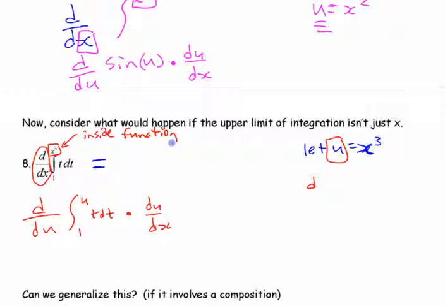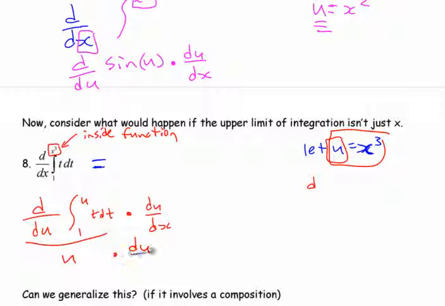So if we want the derivative with respect to x of this, I'm just using a u instead of x cubed here. But you could say the derivative of this with respect to x cubed times the derivative of x cubed compared to x. All right? The derivative of this is just whatever the u is, right? This whole thing is just u.